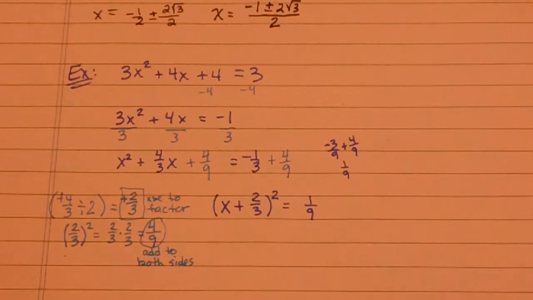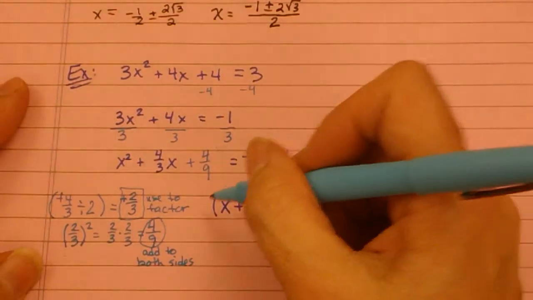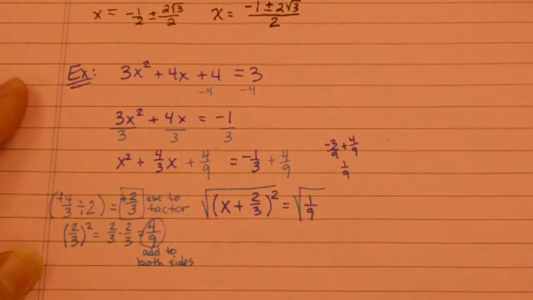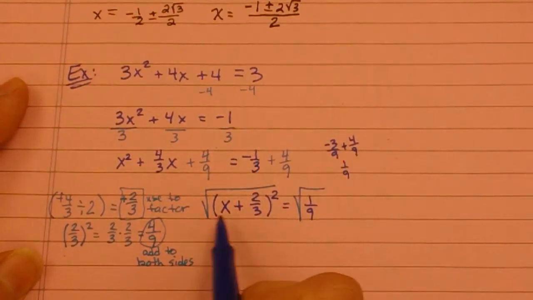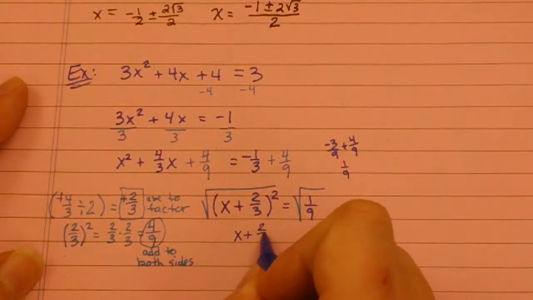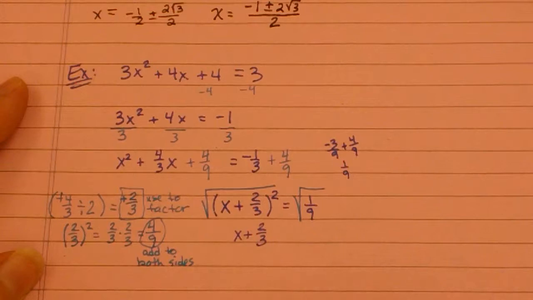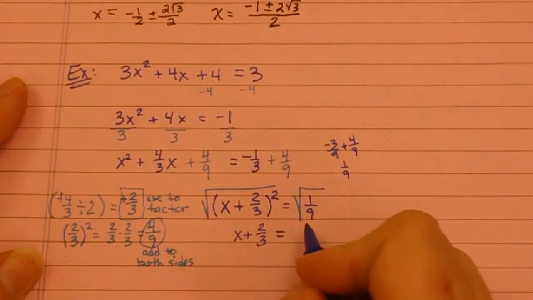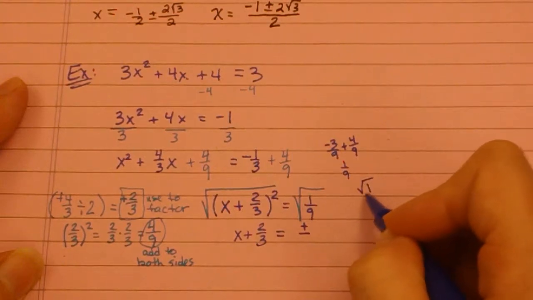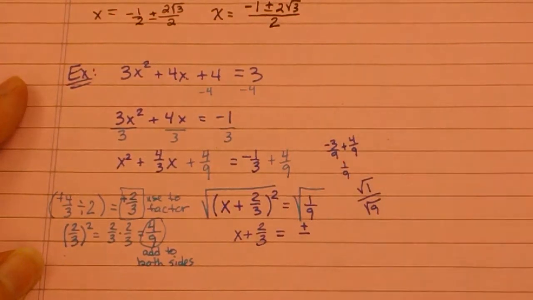At this point, I can go ahead and take the square root of both sides. So square root. The square root of x plus 2/3 squared is just x plus 2/3. And the square root of 1/9 will be plus or minus. And remember, I can think of this as the square root of 1 over the square root of 9.